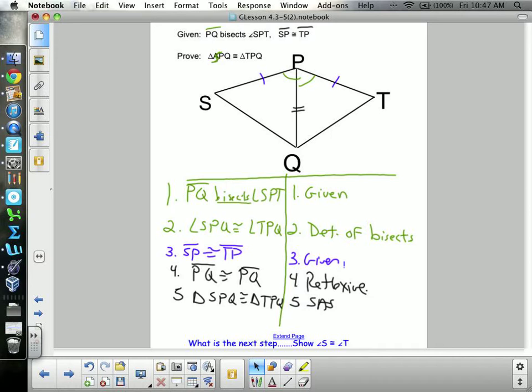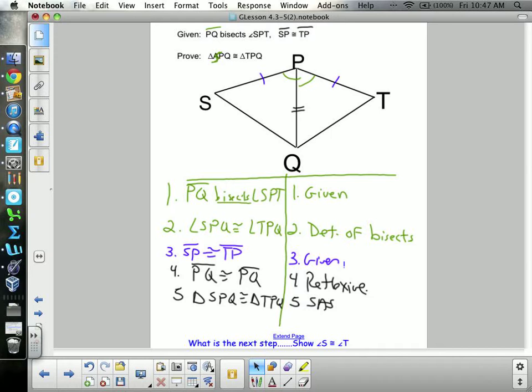Well, now I can continue on. Now that I know the triangles are congruent, I know all their corresponding parts are congruent, right? Not just the ones I've known up to this point. So far I only have these 3 pairs of corresponding parts congruent. But now I know all the rest of the corresponding pairs have to be congruent, whether angles or sides.